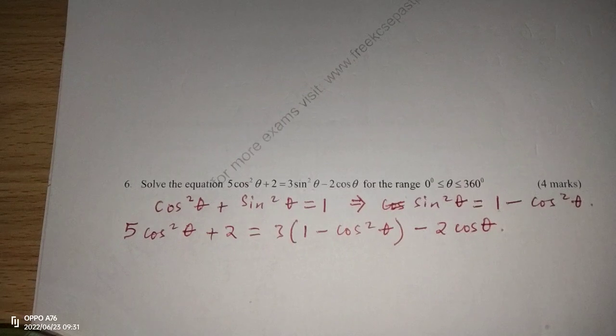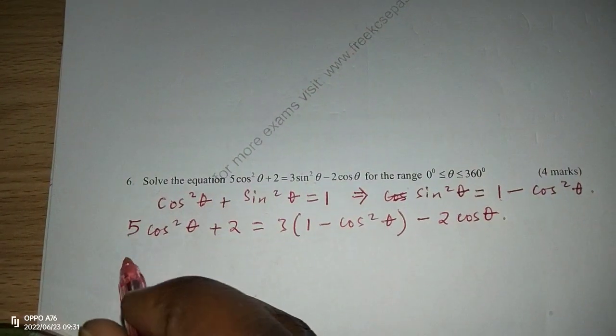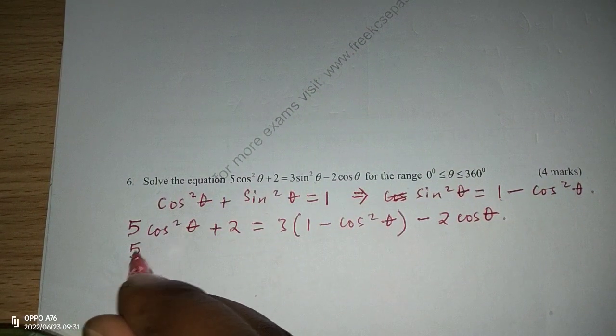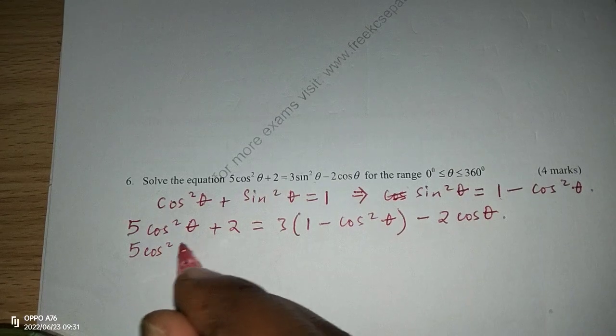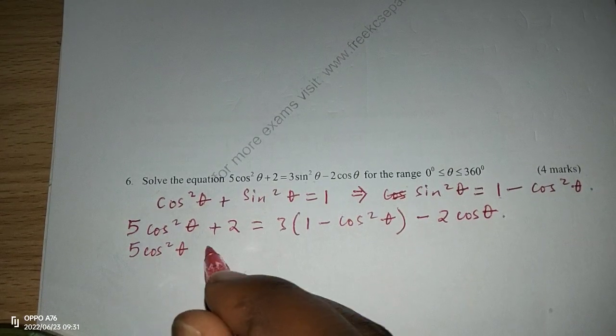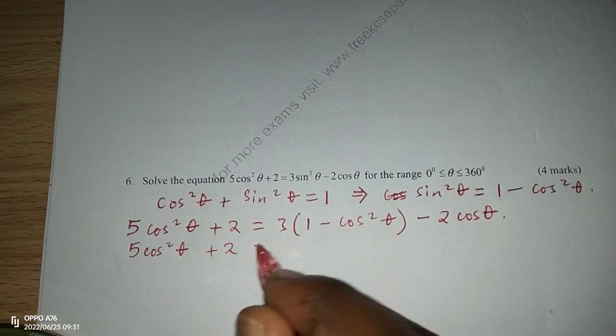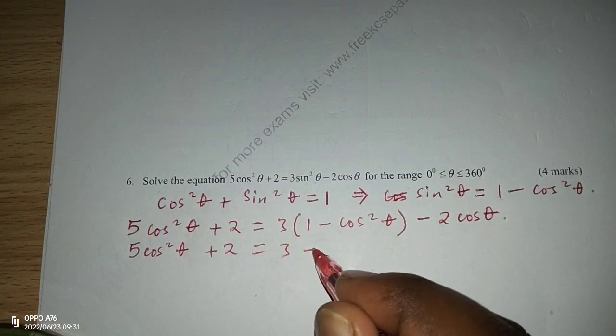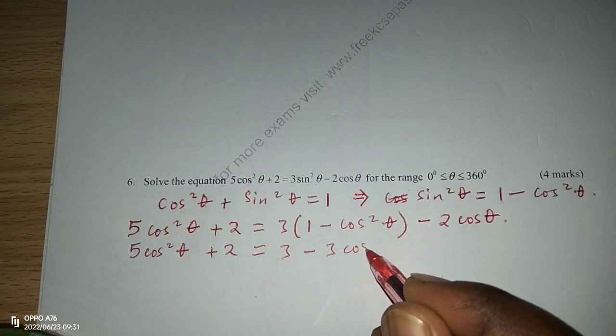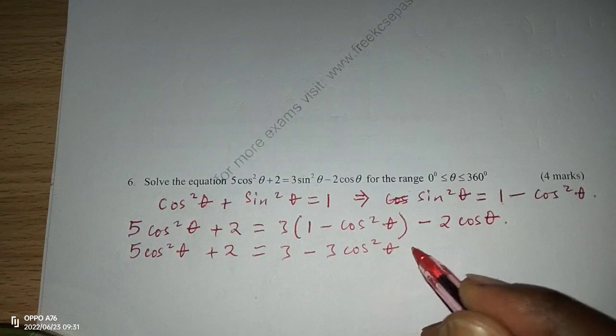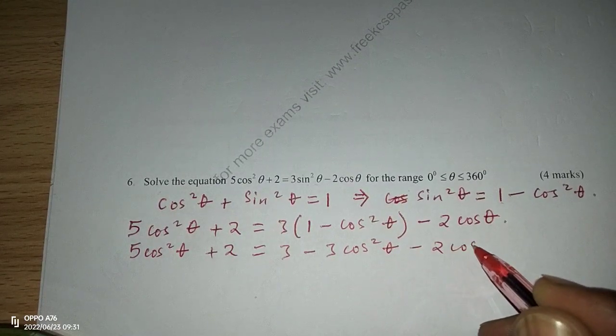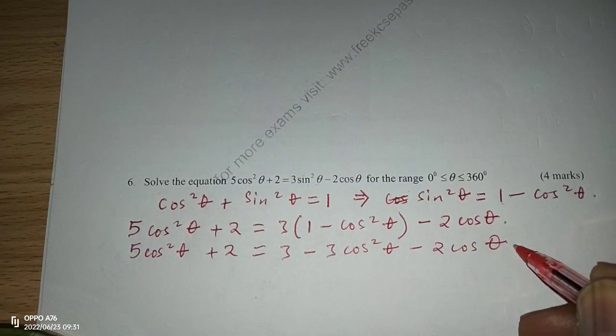Okay, now we can open brackets and group like terms together. We remain with 5 cosine squared of theta plus 2 equals 3 minus 3 cosine squared of theta minus 2 cosine of theta.